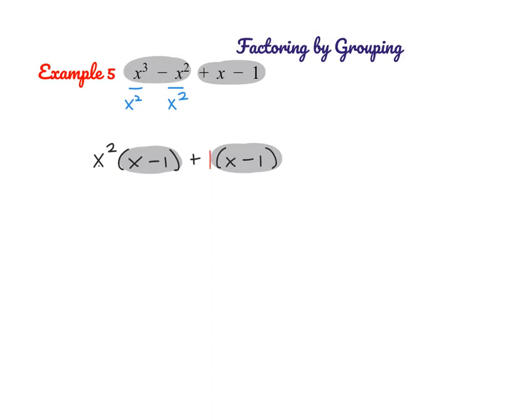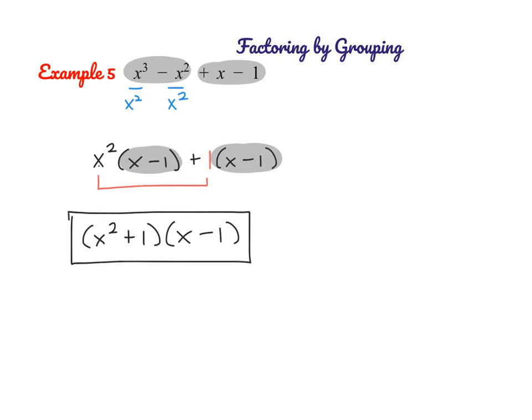The coefficient is 1, and you can actually group the coefficients into their own factor. So this becomes x squared plus 1 times x minus 1. And now it is factored. And then you should check to see if you can factor more. Here you can't because there's no such thing as sum of 2 squares, so this is fully factored.